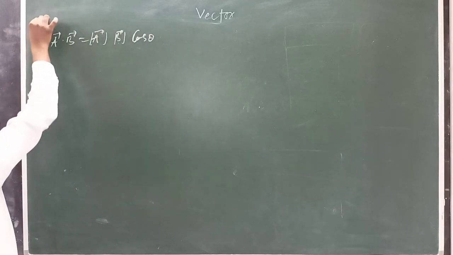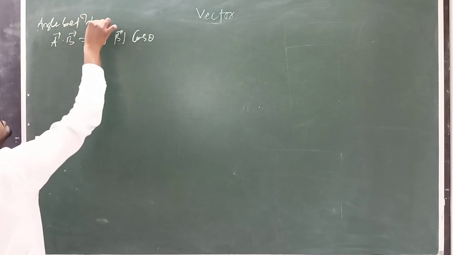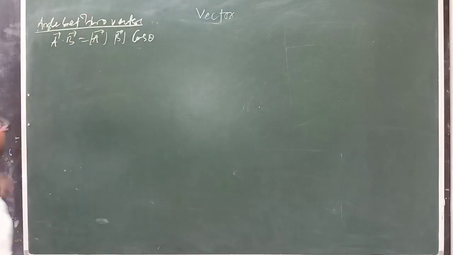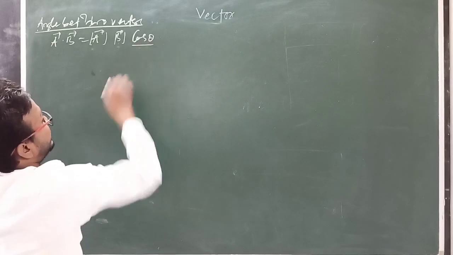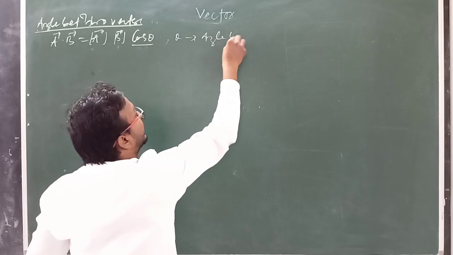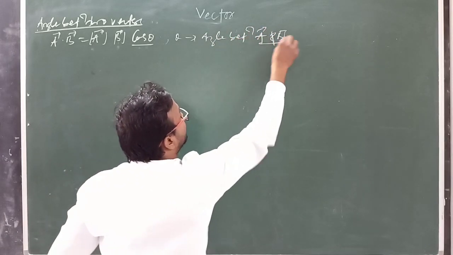We have to find the angle between two vectors. So the general formula is a dot b equals magnitude a magnitude b into cos theta, and here theta is the angle between a vector and b vector.